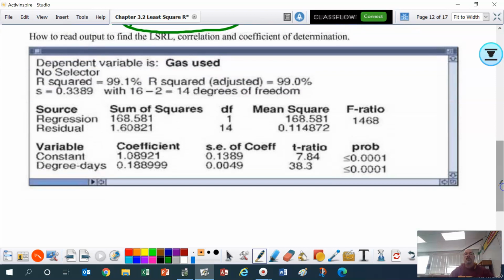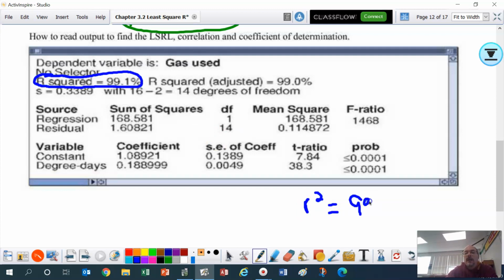Okay, here's some output. Whoa. Okay, well, let me go through a few things here. So first of all, here's my R squared, ladies and gentlemen. Okay, there's my R squared. My R squared equals 99.1%.